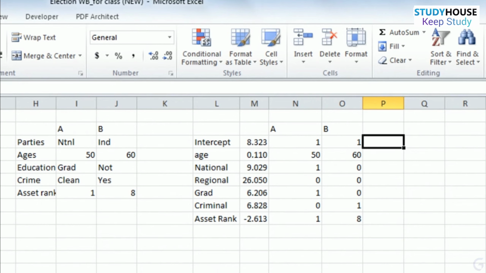So what is the vote share which we have? To get the vote share, it is going to be beta 0 plus beta 1 x1.